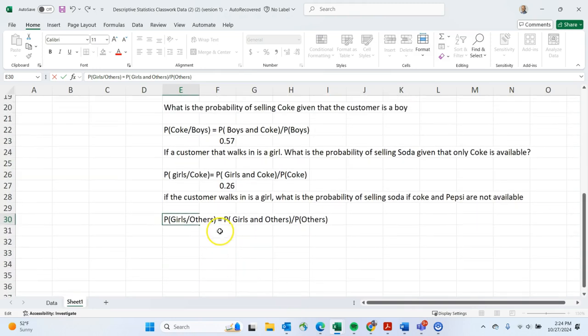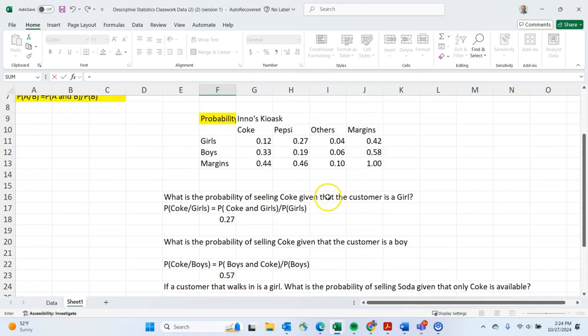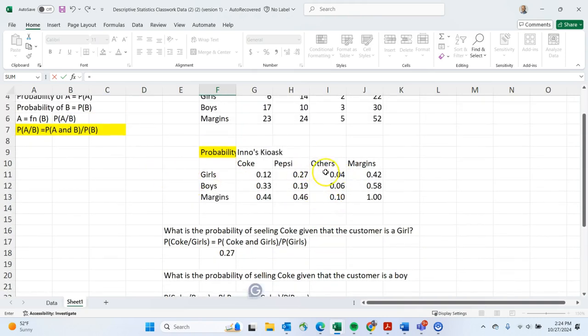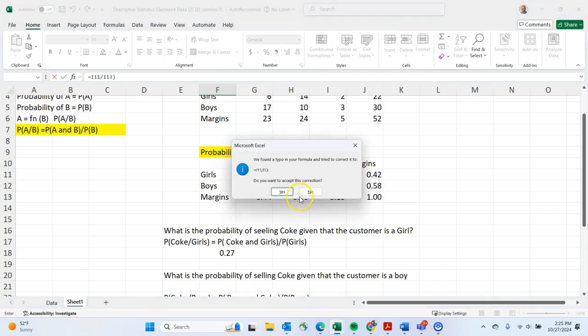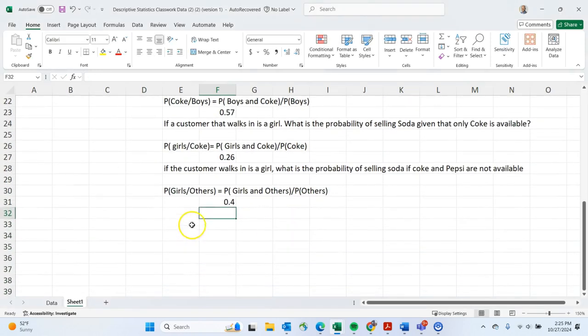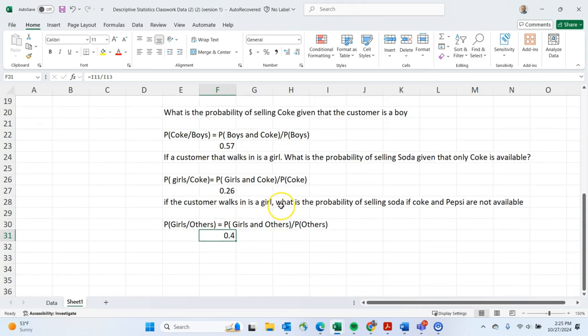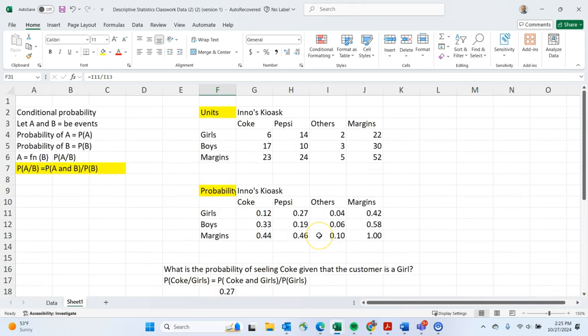We put an equal sign and find the joint probability of girls and others, which is 0.04, divided by the probability of others. Close the bracket and enter, and that will be 0.4. Okay, so that's all for the conditional probability that we learned.